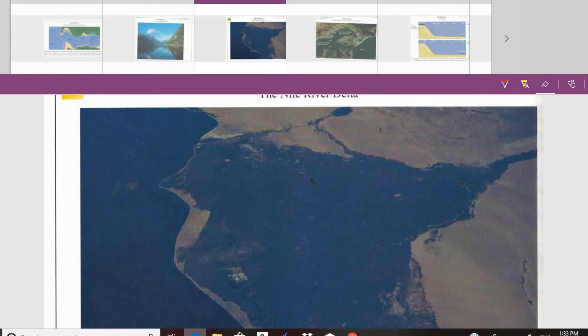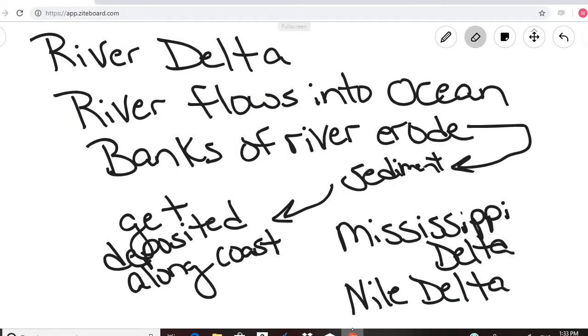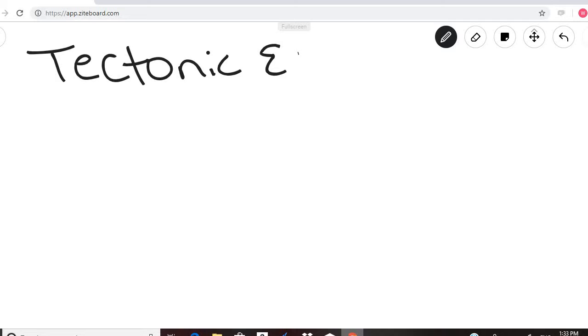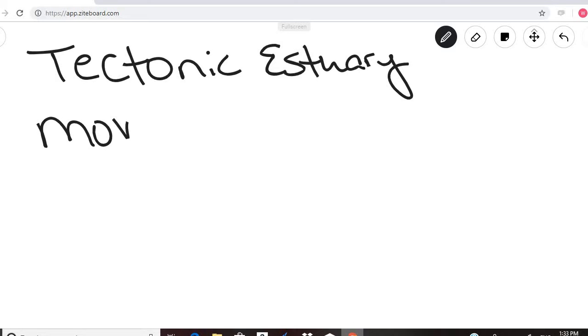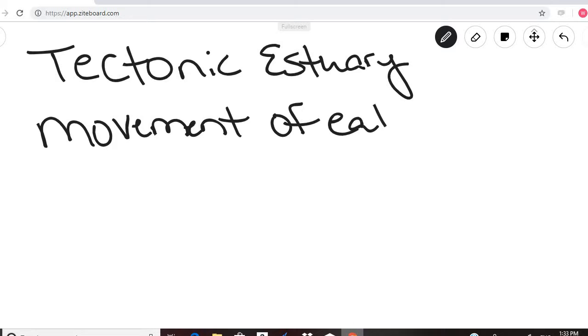type of estuary that we will talk about is called a tectonic estuary. And in a tectonic estuary, this happens, remember the Earth is made up of crusts and plates. So this type of estuary is due to the movement of crusts and plates.